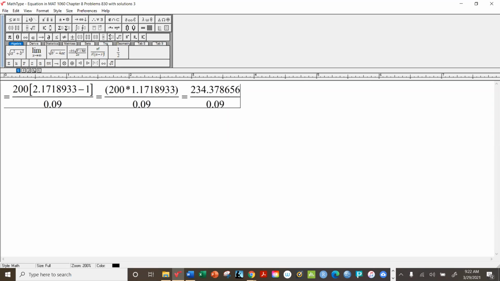Because these are dollars and cents, you don't have to go berserk with the rounding, but the more digits you have, the better, I think. And that's going to turn out, if you round this to dollars and cents, it's going to be approximately 2604 point, let's say 21.